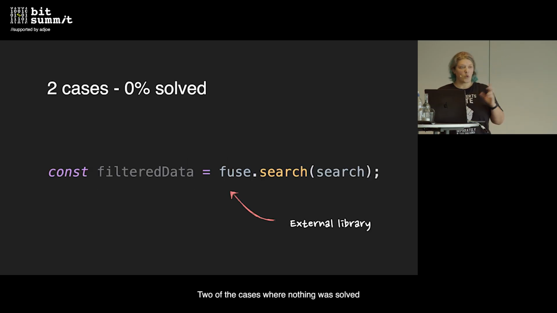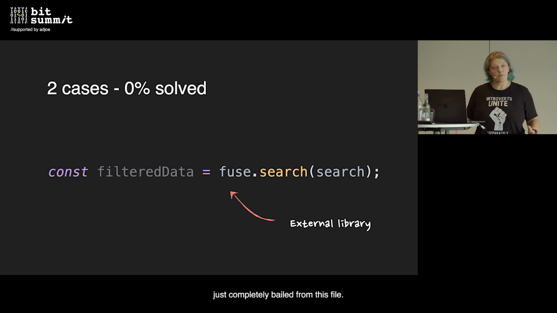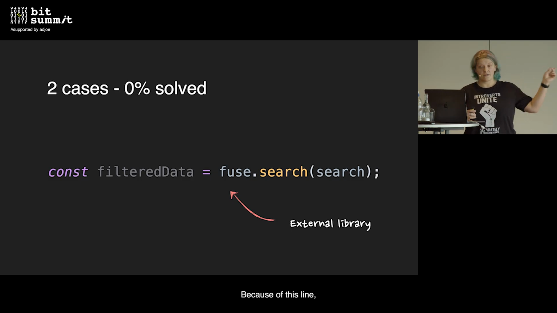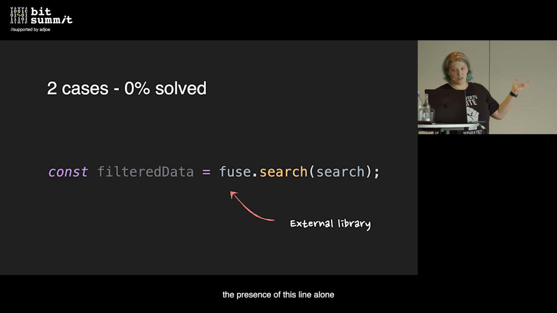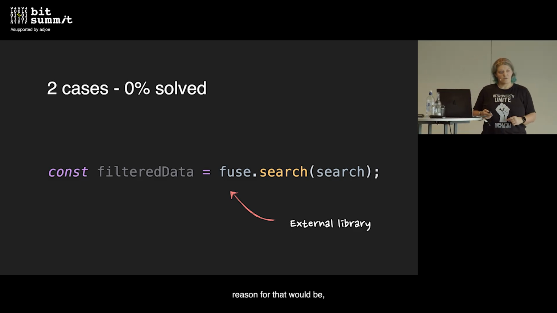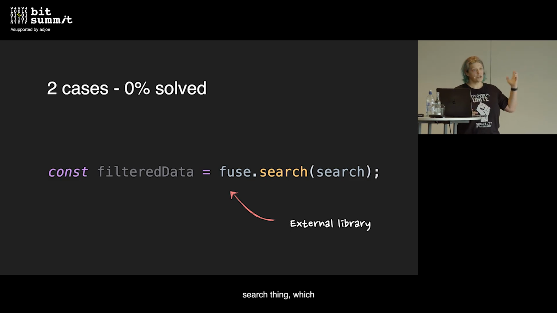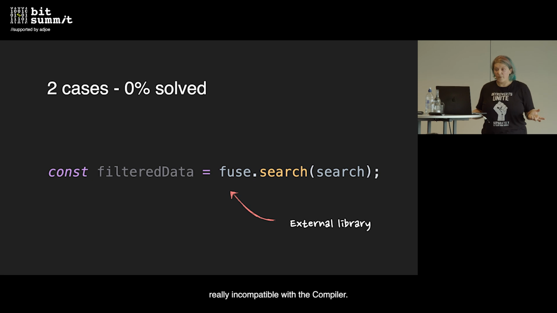2 of the cases where nothing was solved were really weird, because the compiler just completely bailed from this file because of this line. The presence of this line alone just completely ruined everything. So the most likely reason for that would be this fuse search thing, which is an external library, doing something really incompatible with the compiler, unfortunately.